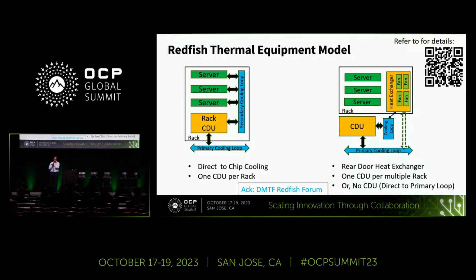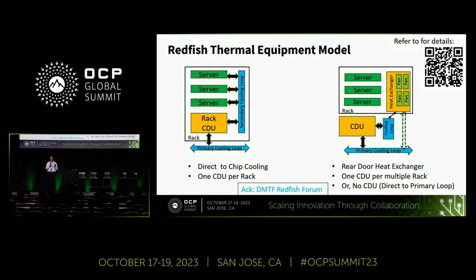Redfish did an excellent job. Jeff, I believe you wrote that spec, right? For the thermal equipment model that allows you to model the various emerging cooling technologies. On the left of the picture is a cold plate type solution, and on the right side is a rear door heat exchanger.